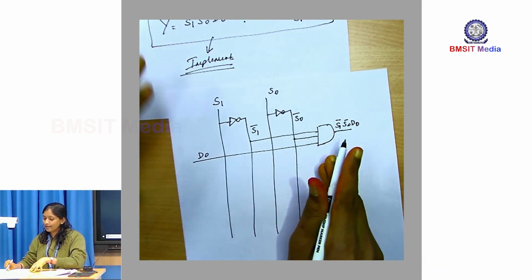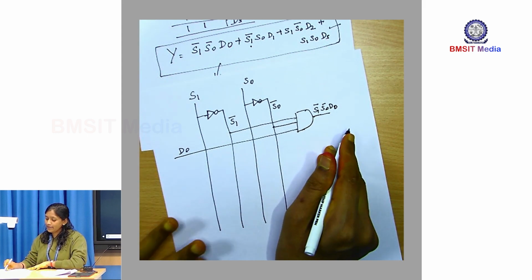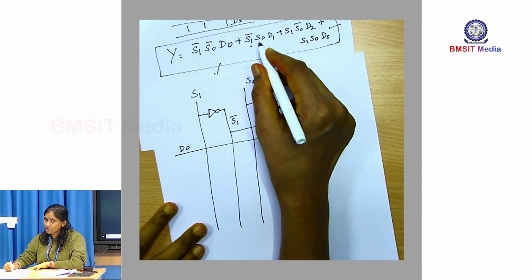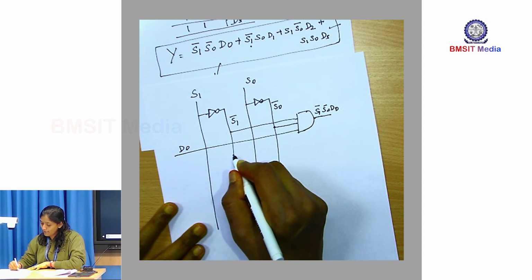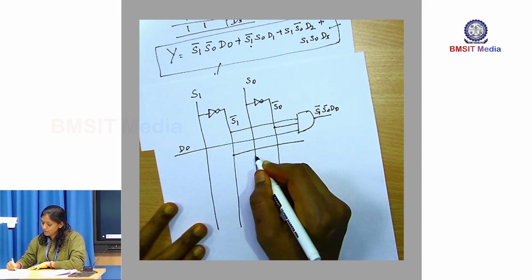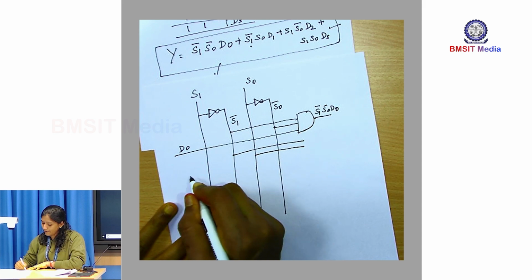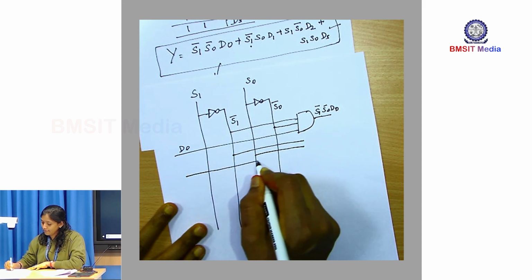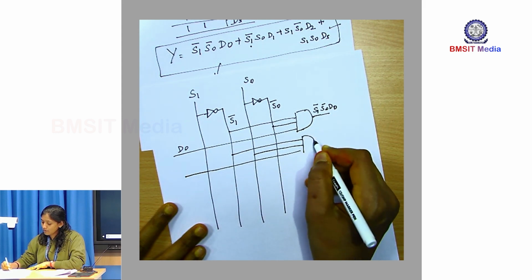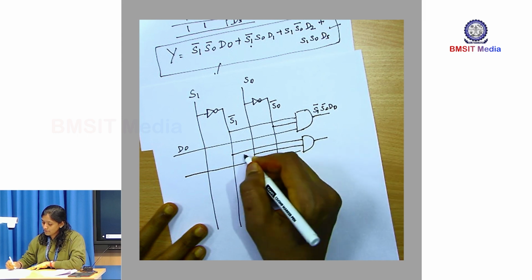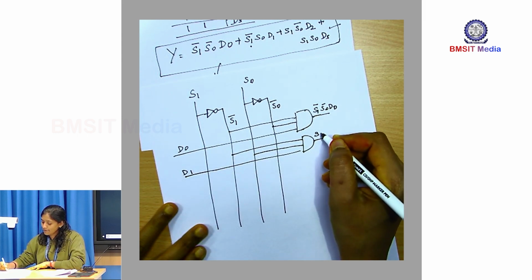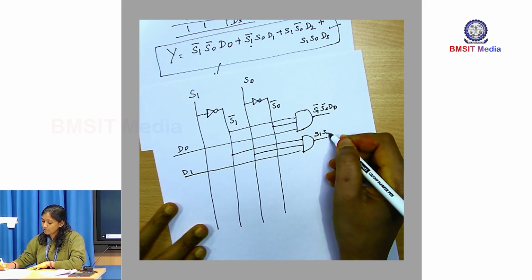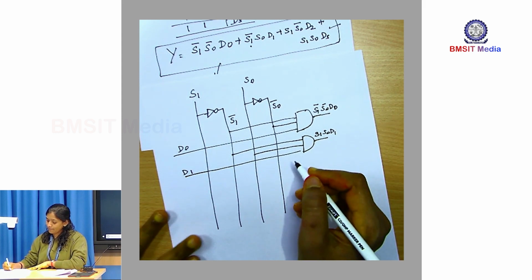It tells S1 bar, S0 and D1. That is given to another AND gate, along with data D1. So, the output of this gate is S1 bar, S0, D1.